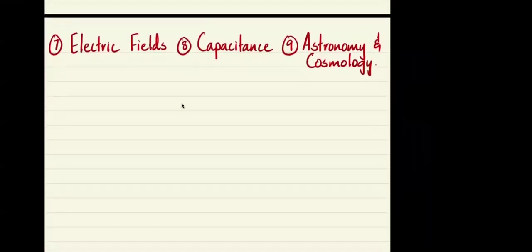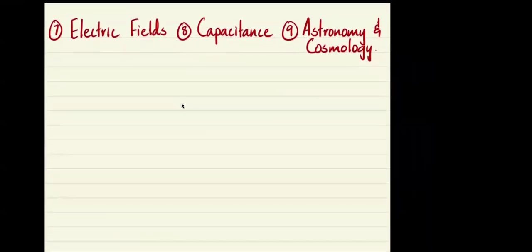Question number 7: electric fields, capacitance, and just to complete the chunk, I have astronomy and cosmology here. The idea of electric fields is a very vast topic. There's the uniform electric field, the non-uniform electric field, point charges, Coulomb's law, all of that stuff.